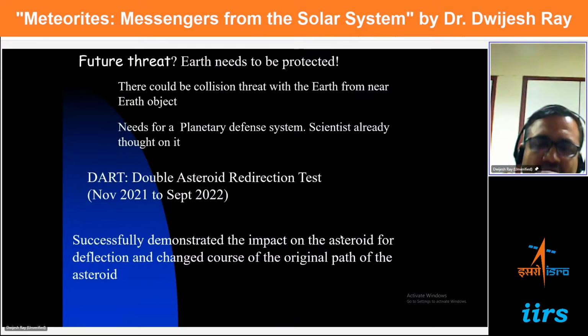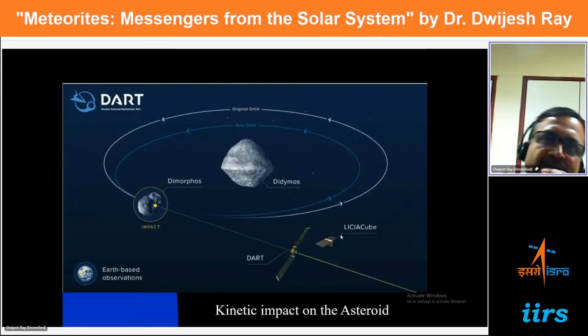This is the original orbit of a binary asteroid, Didymos and Dimorphos. They tried to collide with this asteroid, deflected its actual orbit, and after the collision they found a new orbit, the blue color.